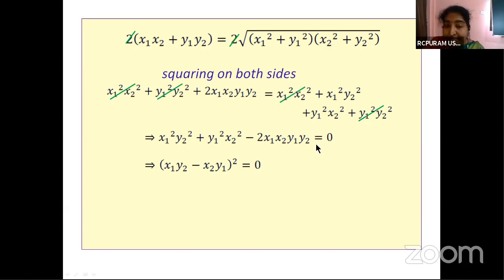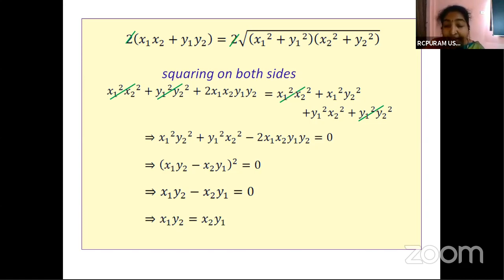Then if I take square root on both sides, I will get x1y2 minus x2y1 equal to 0. Then I will take this x2y1 to the other side. Then I will get x1y2 is equal to x2y1.